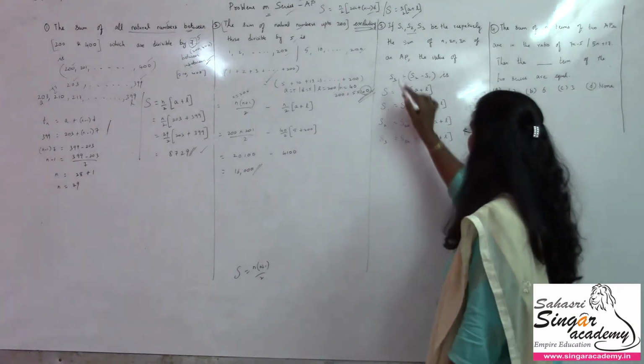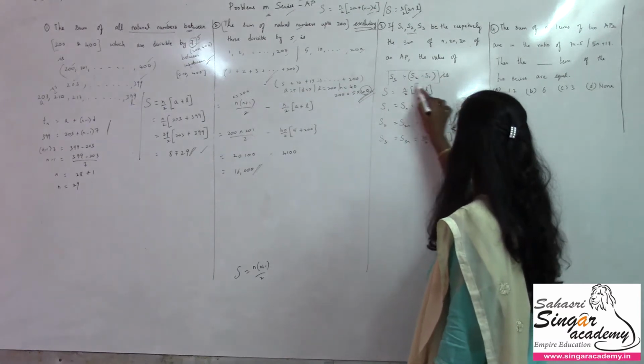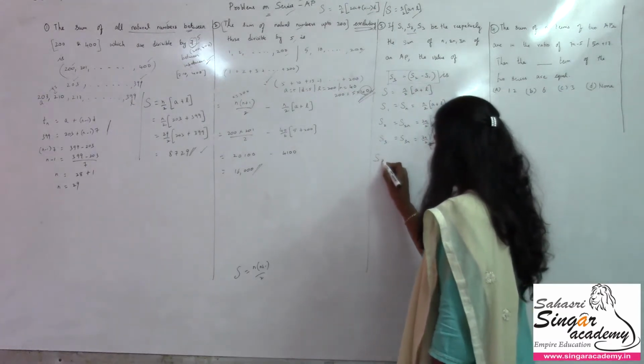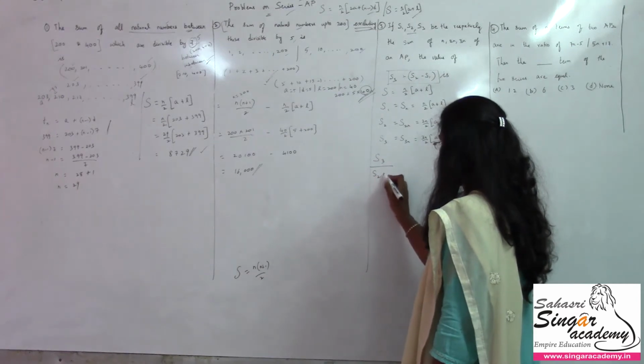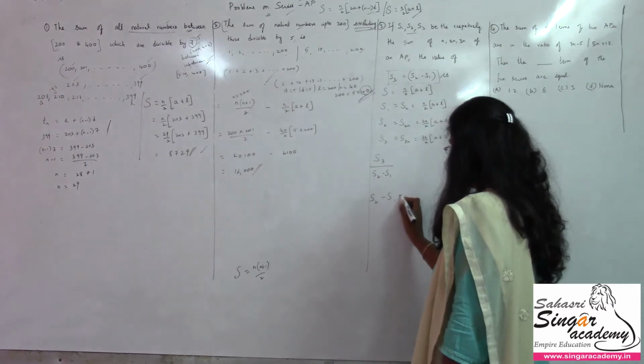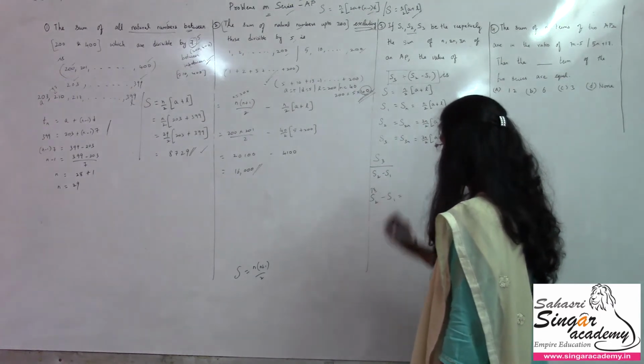I need to find the value of S3 divided by S2 minus S1. Let me have S2 minus S1 first, let me discuss the denominator.